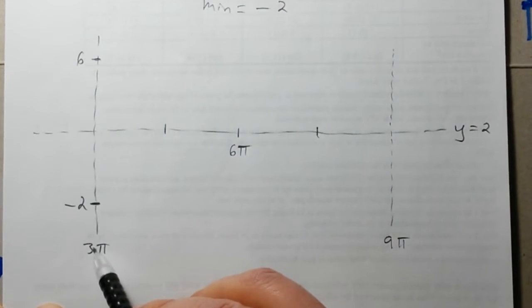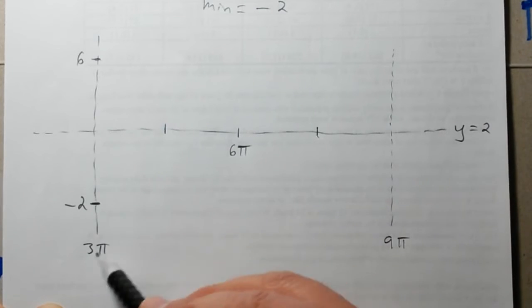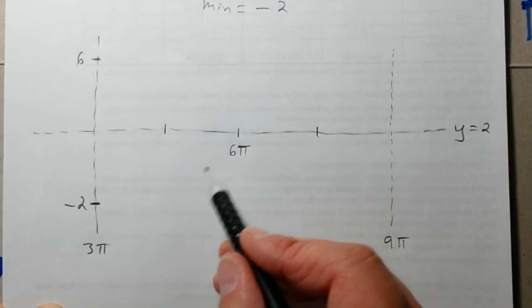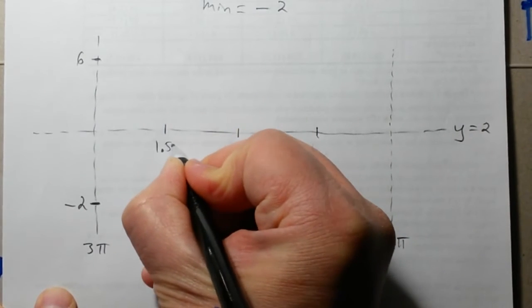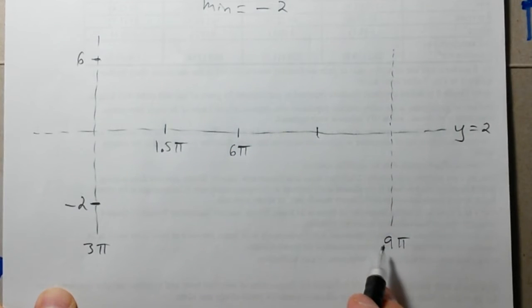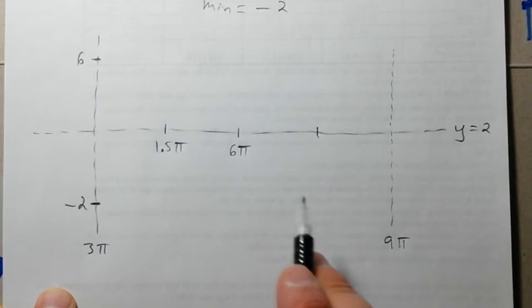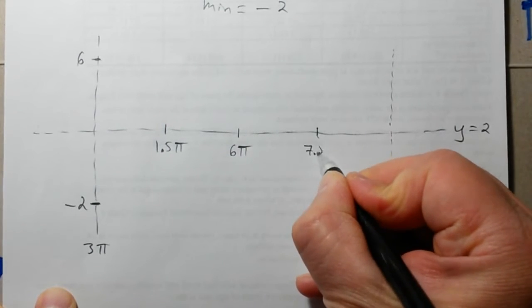Now what's halfway between 3 pi and 6 pi? Well, the difference is 3 pi, so half of that will be 1.5 pi. And so you know what? I would also accept if you write it this way as well, 1.5 pi. And then between these and these is what? Well, another 1.5. So 6 pi plus 1.5, that gives us 7.5 pi.